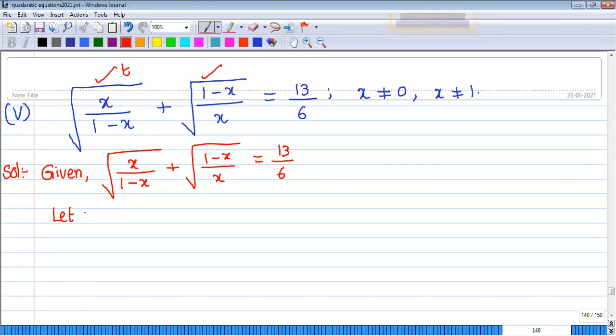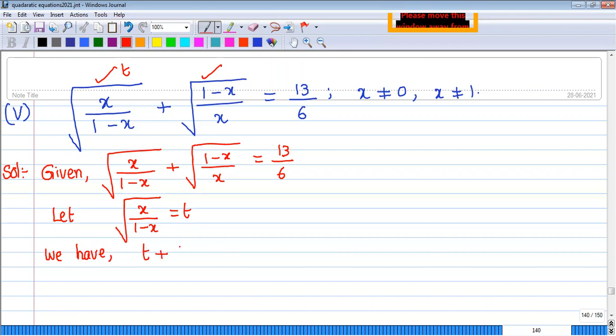Let us see here. Root of x upon 1 minus x is equal to t. Even you can say root of 1 minus x by x is also t, no problem. We have t plus 1 upon t is equal to 13 upon 6. Even you can take LCM or multiply with t also, no problem.